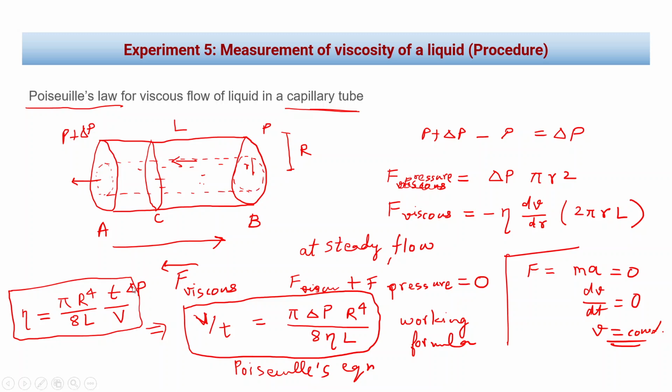Based on that, the flow of liquid in the time depends on the pressure difference. If the pressure difference was high, the flow rate will be high. If the pressure difference is less, the flow will be less. So depending on this, we will get several values of eta, and then we can take average. So this was the crux of the experiment, how we performed that. Now moving on to the problems based on this concept. Let's start with the first question.